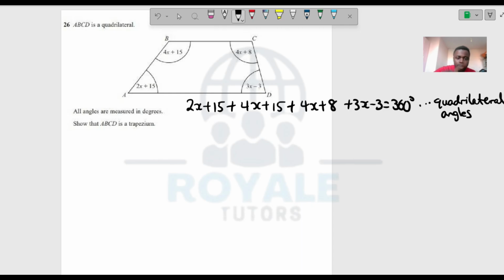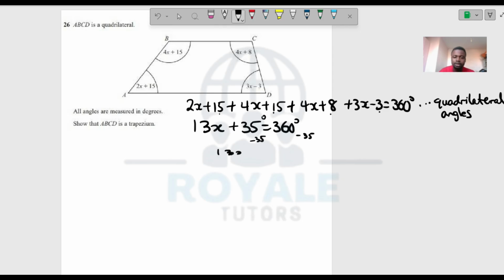So 2x plus 4x, that's 6x. Plus 4x, that's 10x. Plus 3x, that's 13x. Then for the numbers, 15 plus 15 is 30, plus 8 is 38, minus 3 is 35. So what you need to do now is subtract 35 from both sides.